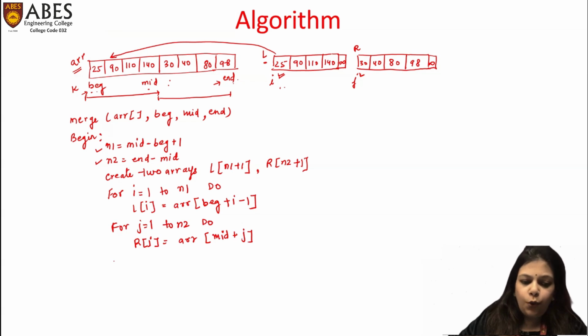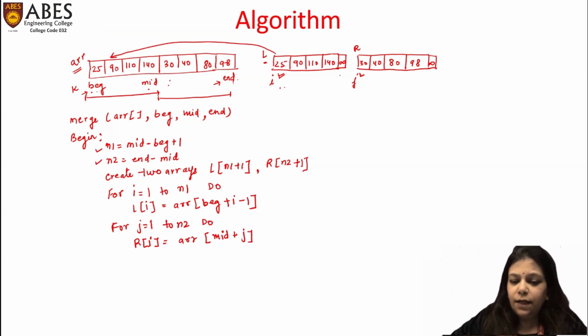Afterwards, we are going to store infinity into the last element. This is just a theoretical concept, as we are going to store by comparing the elements of L and R. So we are considering that if L has reached its last element, which is infinity, then all the elements of R before infinity will be stored in the ARR array, right?